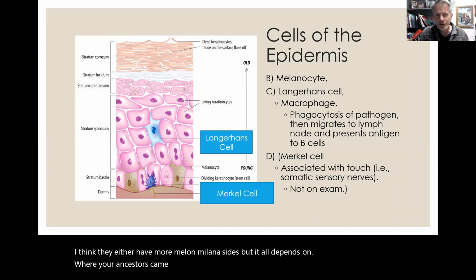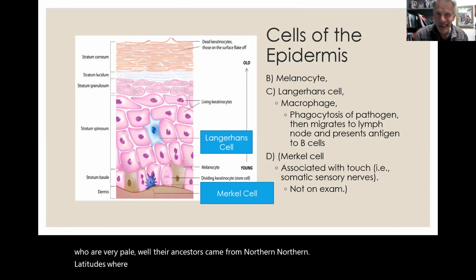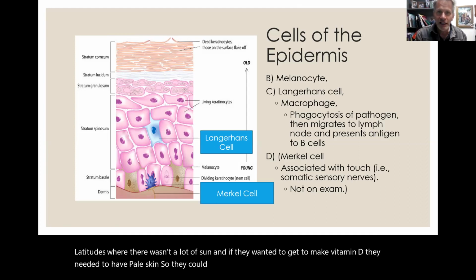In the Start Here video, the speaker points out that people who are very pale, well, their ancestors came from northern latitudes where there wasn't a lot of sun, and if they wanted to make vitamin D, they needed to have pale skin so they could take advantage of what little sunlight there was.